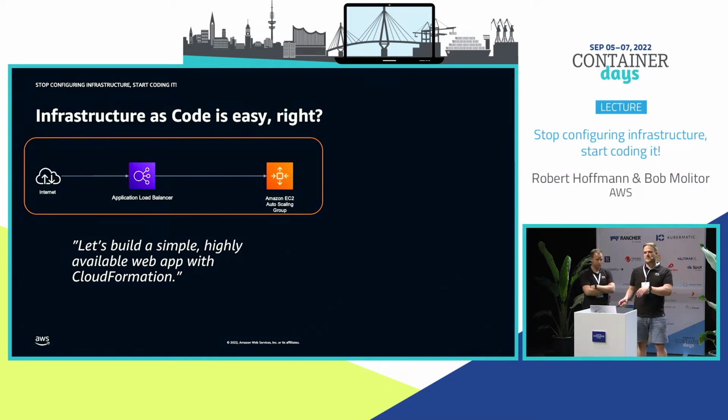And behind that load balancer, I have a number of virtual machines. That's my Amazon EC2 autoscaling group. So nothing really fancy, just have a public URL to my load balancer. It goes to my instances, and there I have a dummy website. So that's super easy, right? That should just be like a few lines of YAML or whatever, right?